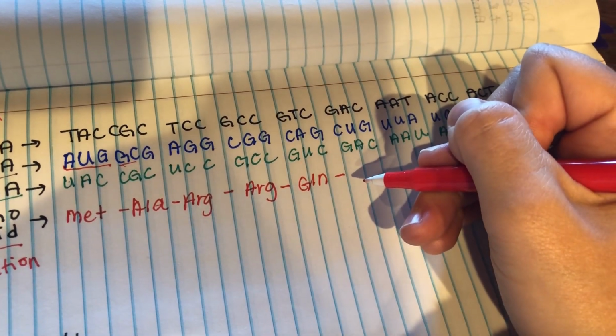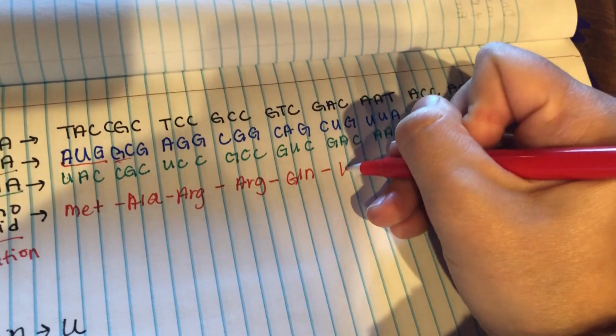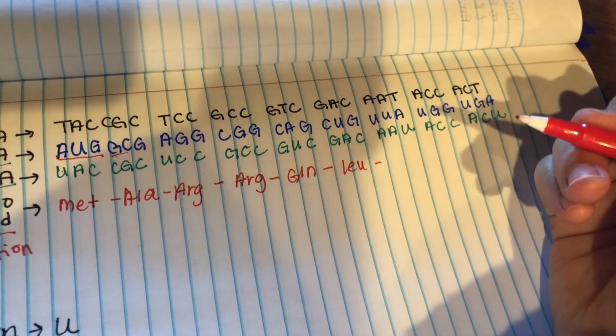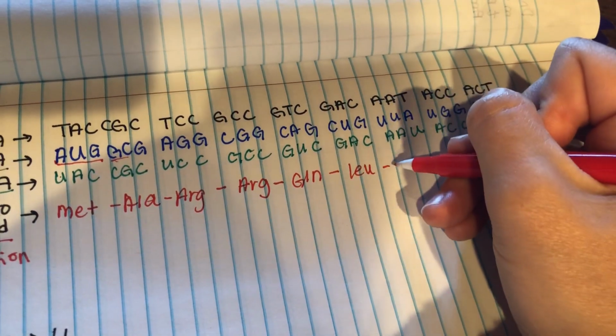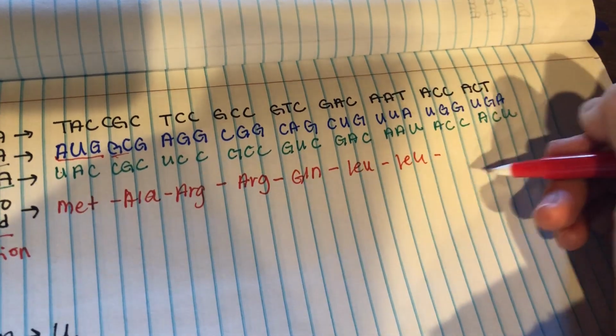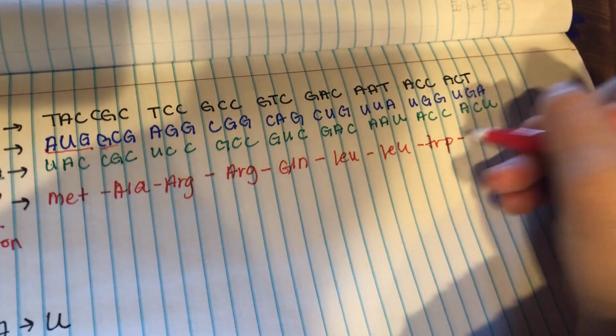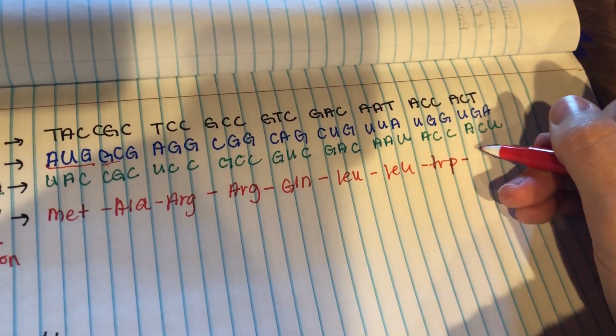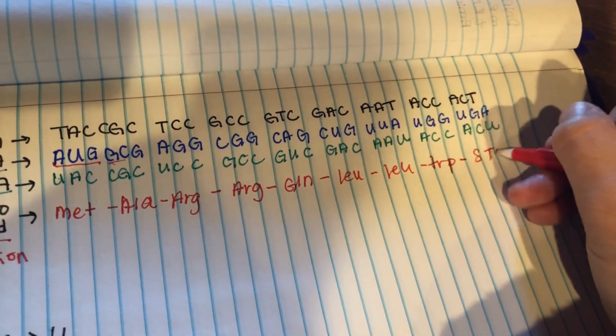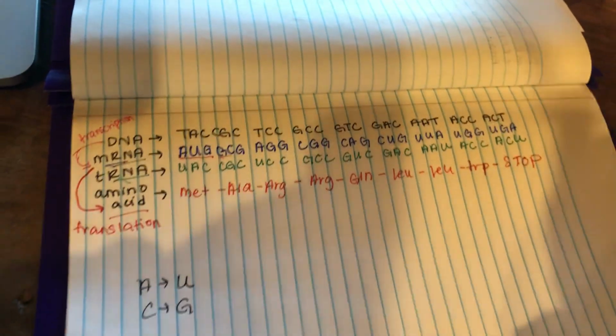CUG is leucine. UUA, another leucine. UGG is tryptophan. And then finally, UGA is a stop codon, so you would just write stop.